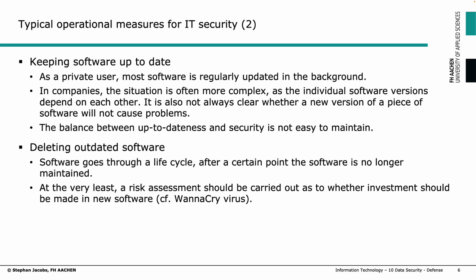In companies, the situation is often more complex, as the individual software versions depend on each other. And sometimes it's not clear whether a new version of a piece of software will cause new problems.